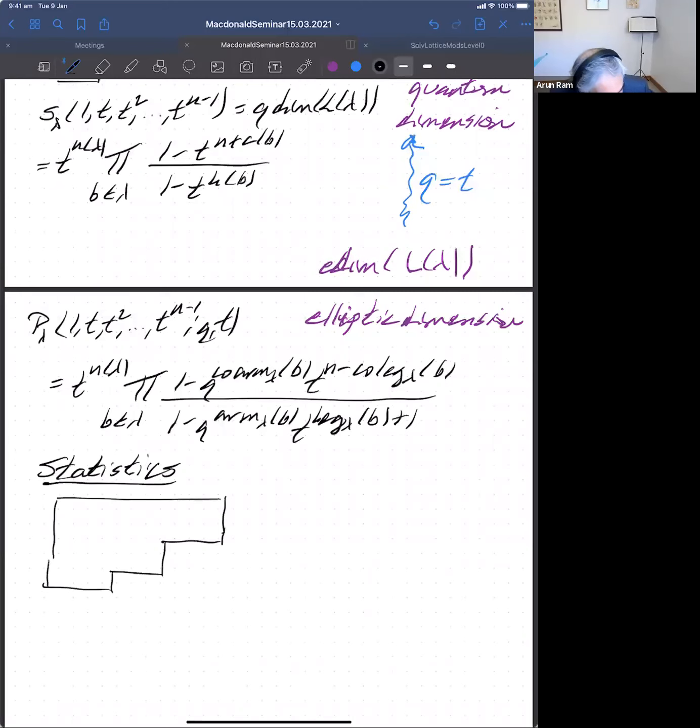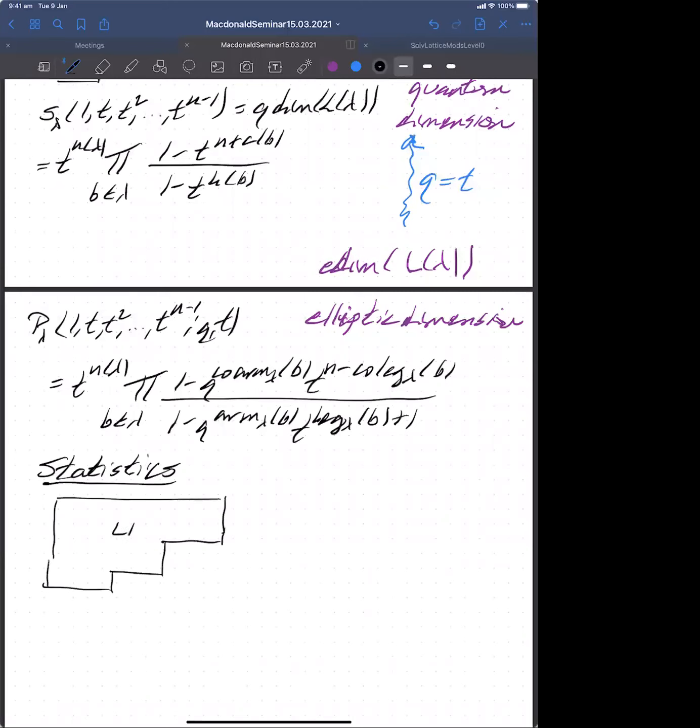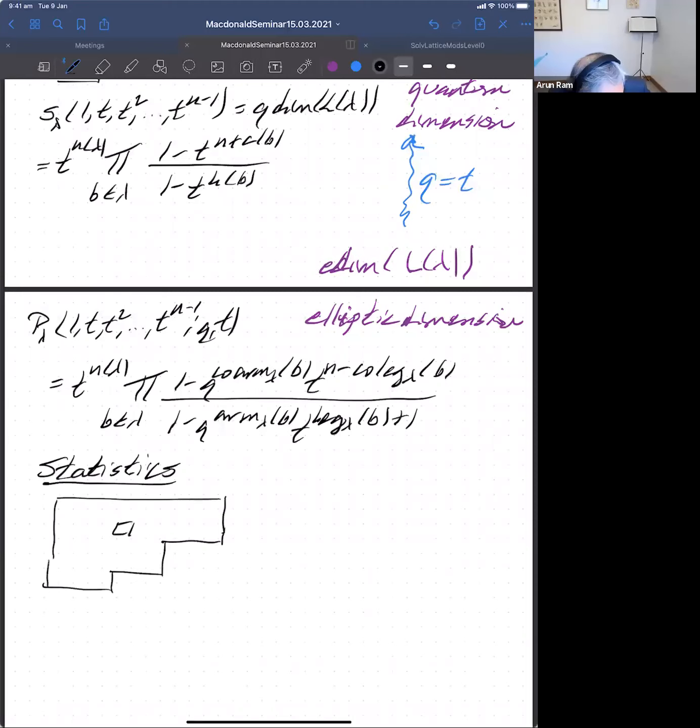Let me tell you. So I have a box, and this box is in some row and some column. And these four lengths are the coarm and coleg. So the coleg of the box is the row minus 1.